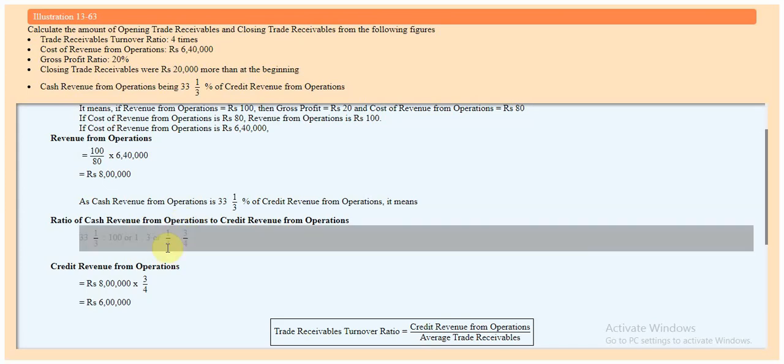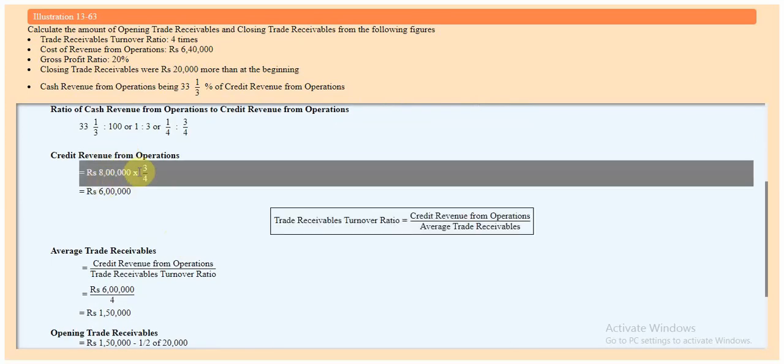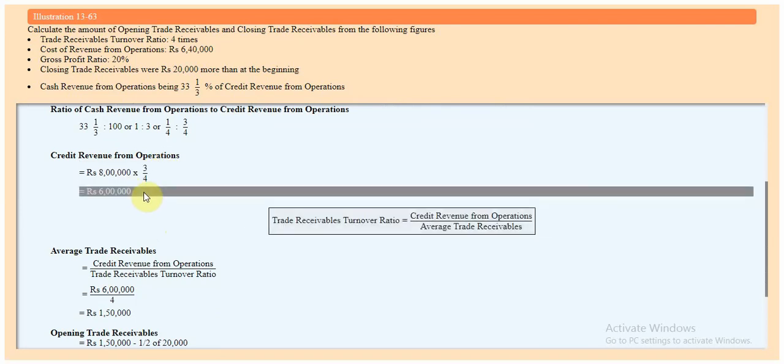So this ratio indicates that 1/4 of the total revenue will be cash revenue and 3/4 of the total revenue will be credit revenue. So having found the total revenue as rupees 8 lakh, we will just multiply it by 3/4 to get the credit revenue from operations. We get that as rupees 6 lakh.